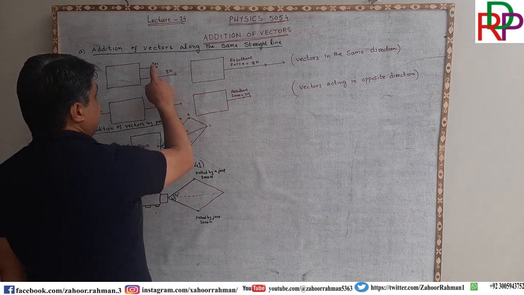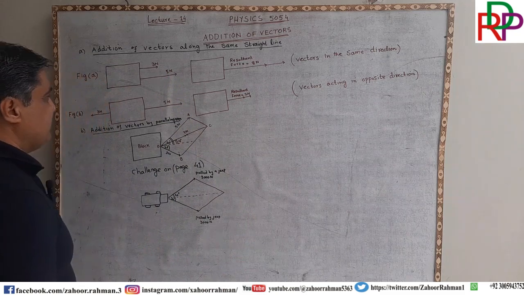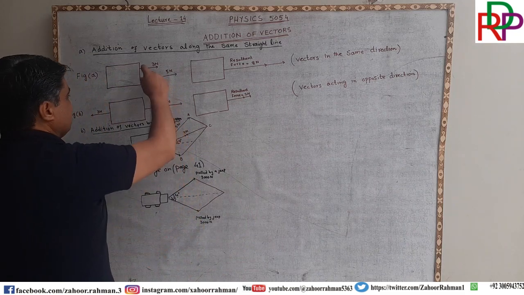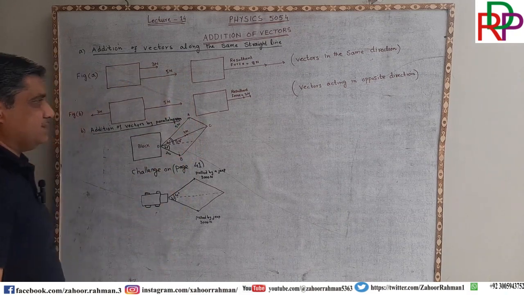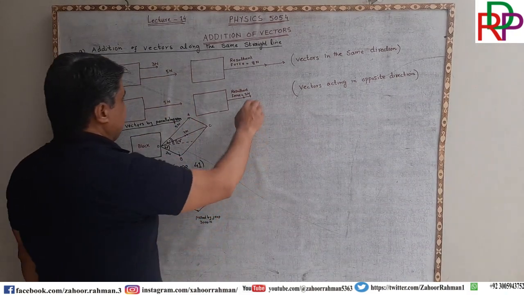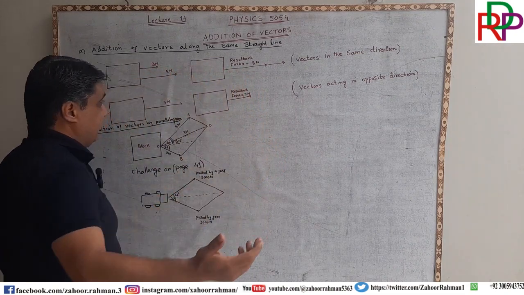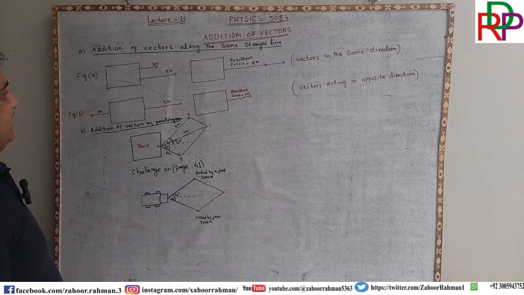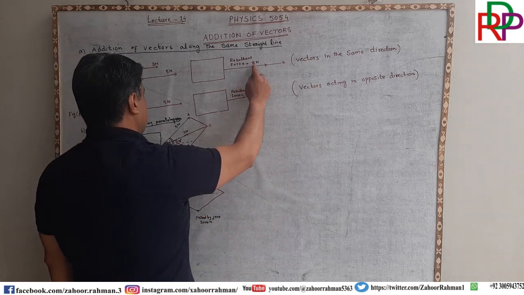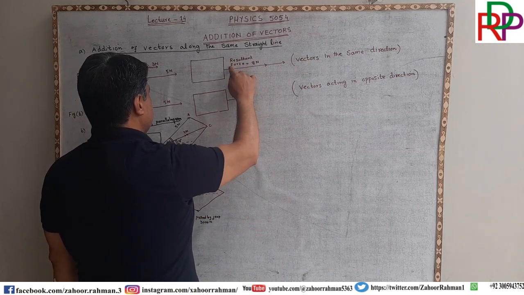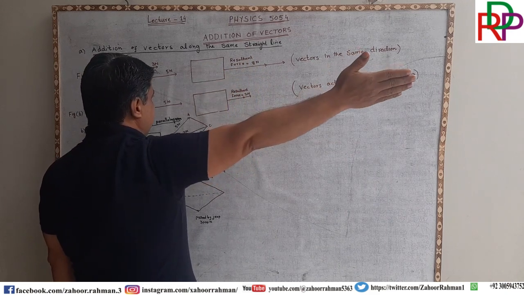So in this case, if we are measuring how much force will be acting on this block, then we have to add by simple arithmetic calculation, that is 3 Newton plus 5 Newton, and that will be equal to 8 Newton. So the resultant force on this block will be on the right side.